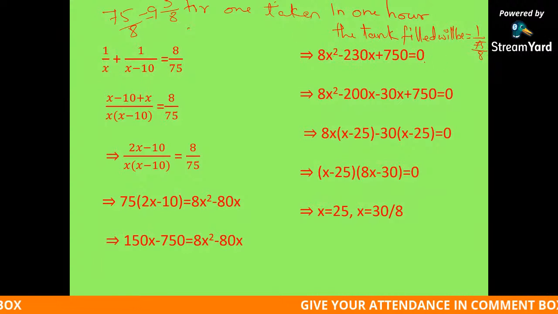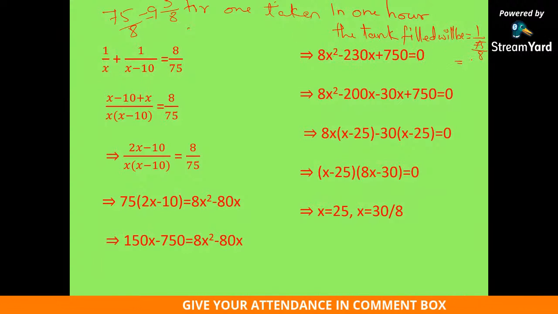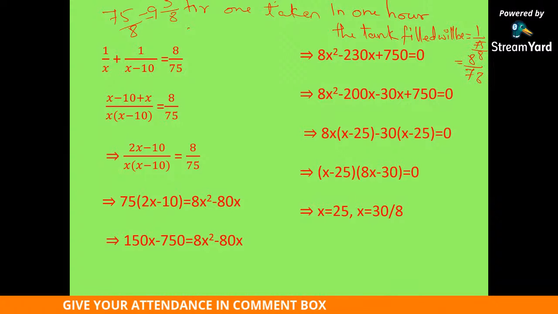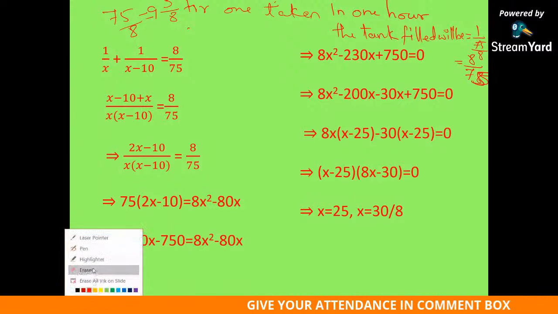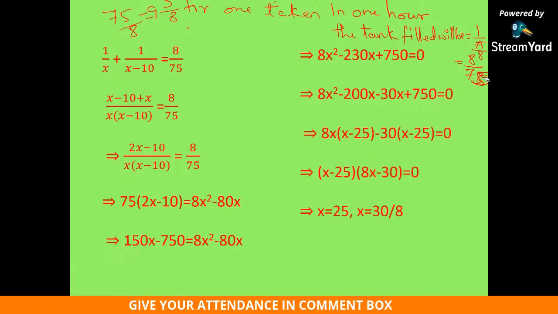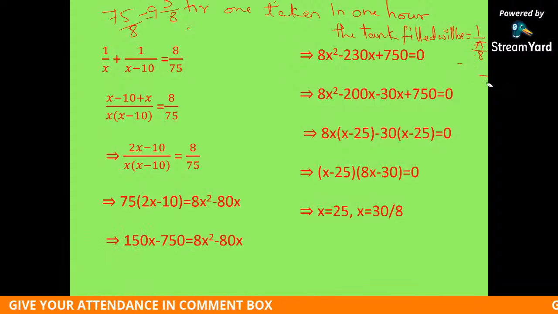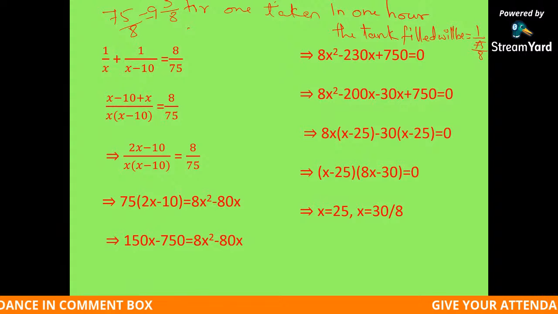It is 1 divided by 75 by 8. If you take the reciprocal, you will get 8 by 75. It will be 8 by 75, isn't it?